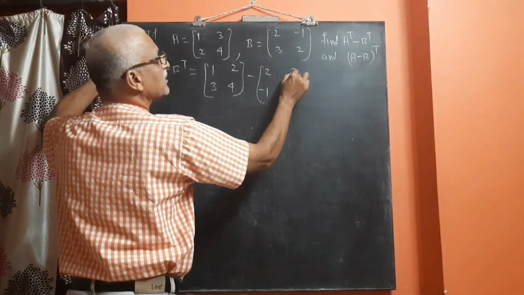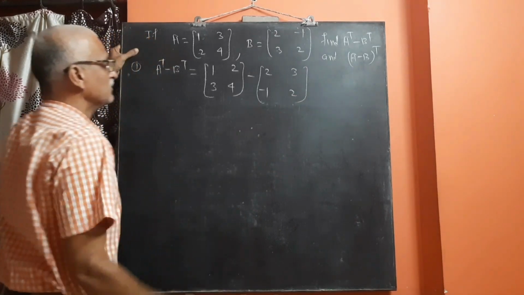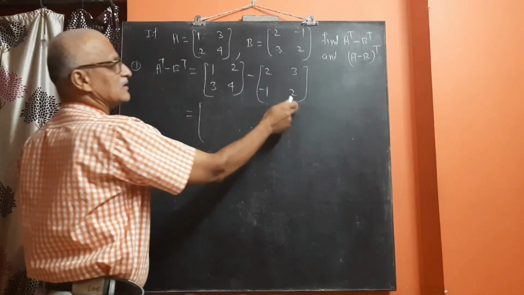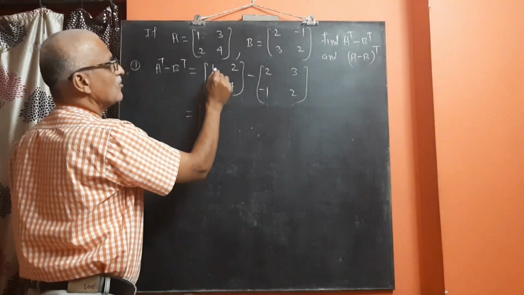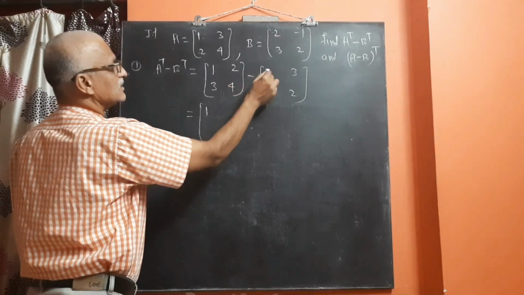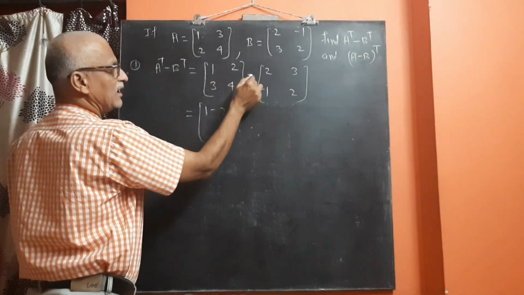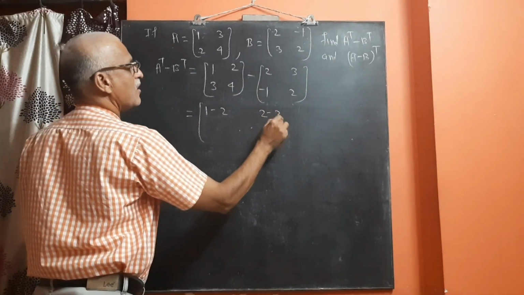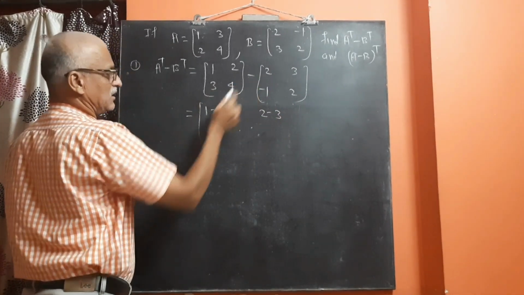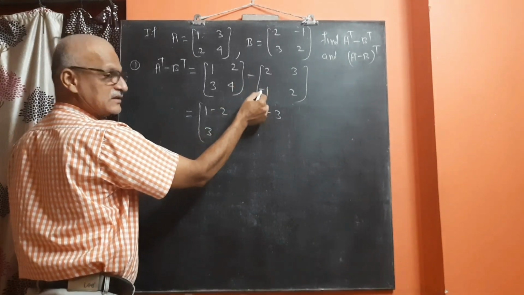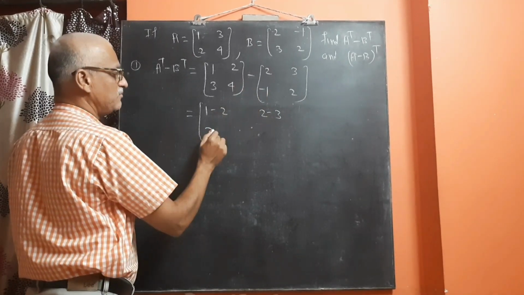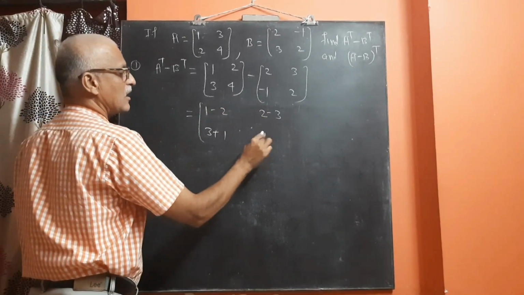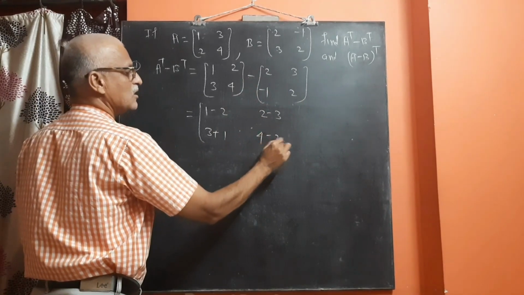Second row becomes second column, that is 3 2, equals to, now there is a subtraction of two matrices, so that can be done as 1 minus 2, 1 minus 2, 2 minus 3, then 3 minus of minus, that is plus 1, then the last element 4 minus 2.